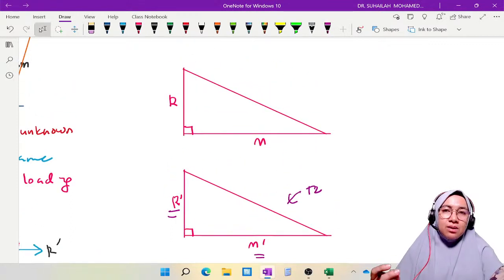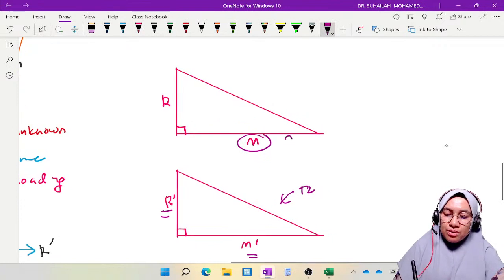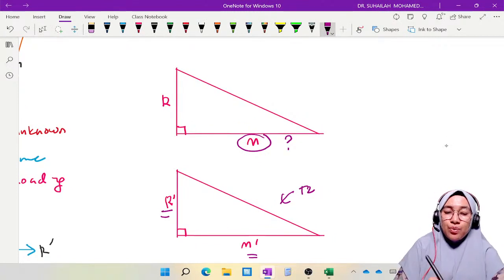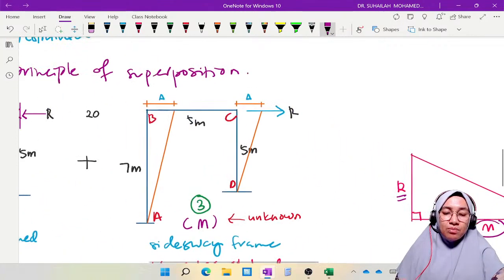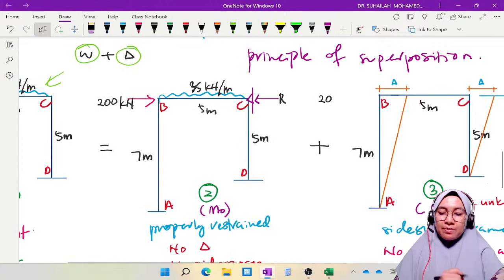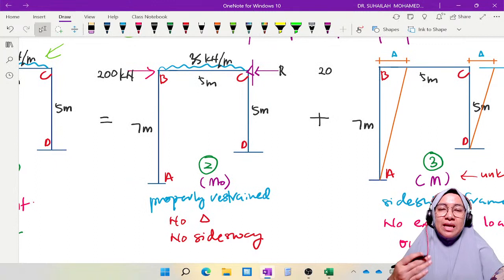In diagram number 3, we do not know the value of m. This is unknown. But we can get the r value from table 1, because when we analyze table number 1, we calculate FEM due to external loading, due to 35 kilonewton per meter. When we analyze this, we can determine the r value.